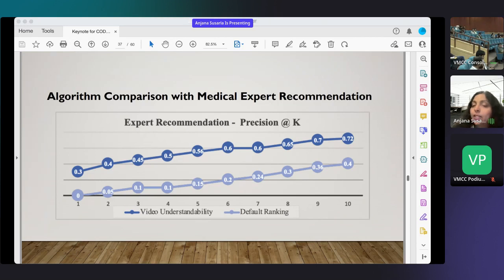A patient education expert watches the videos and rates them as understandable or not understandable. Our algorithm rates videos as understandable or not understandable. Our method was actually outperforming on the precision at K dimensions with a sufficient number of training samples. That gives us confidence in our method.